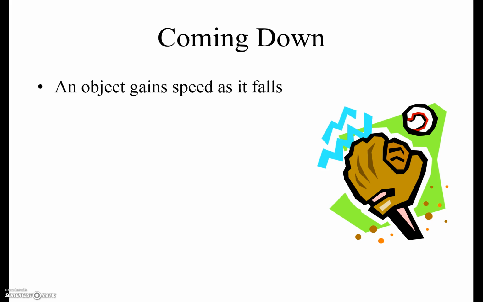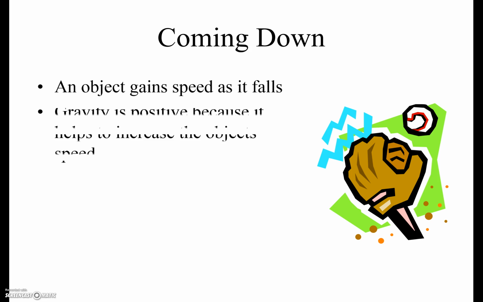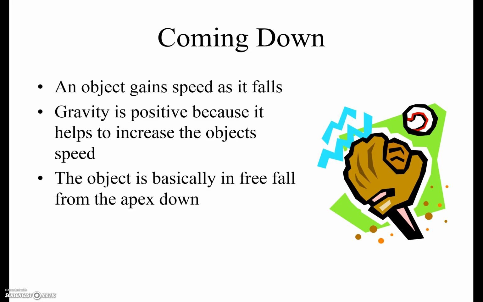So let's consider coming back down. When an object comes down from its apex, it's going to gain speed as it falls. Now gravity is going to be positive because it helps to increase the object's speed. The object is basically in free fall from the apex until it stops at the bottom.